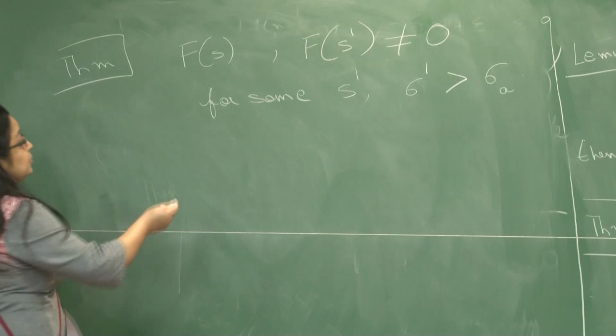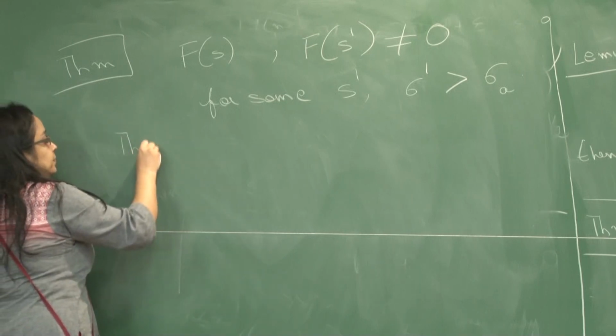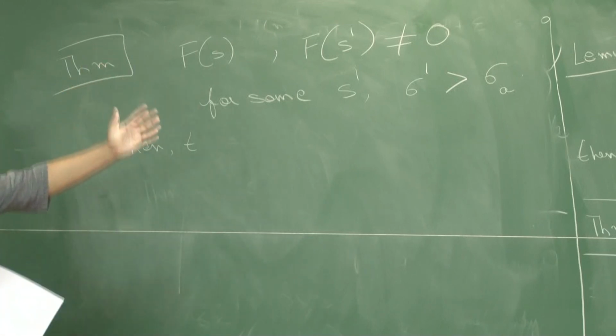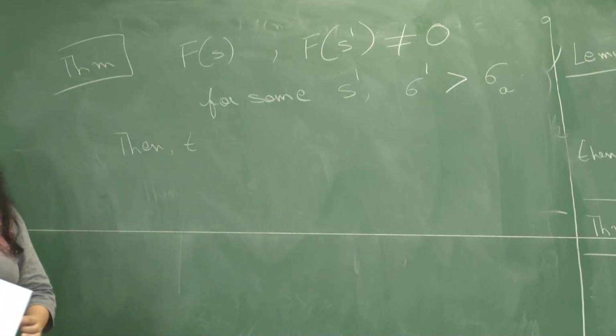So what I mean to say is that there would be an entire half plane where the function would be non-vanishing.